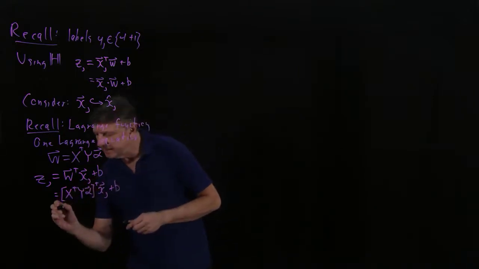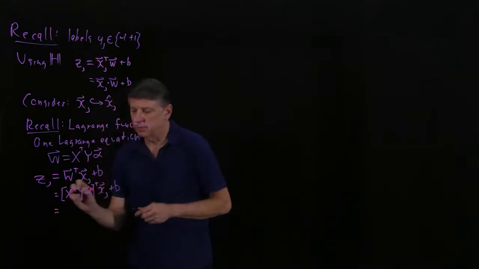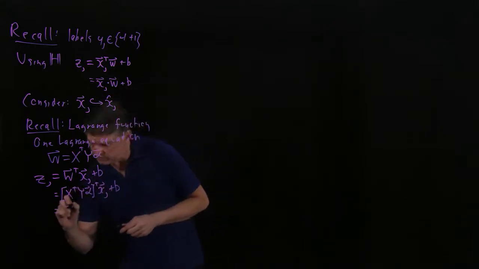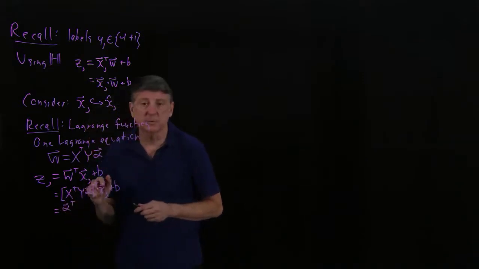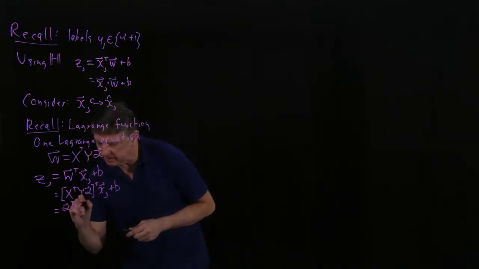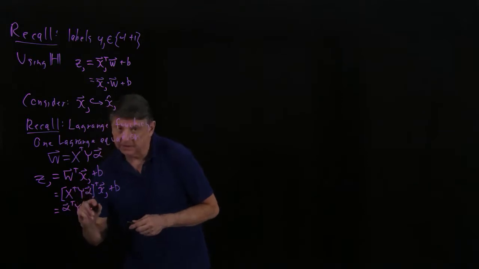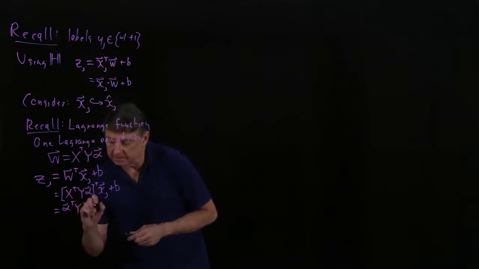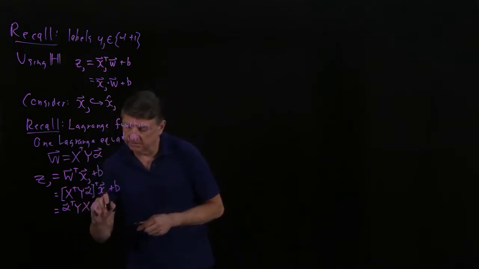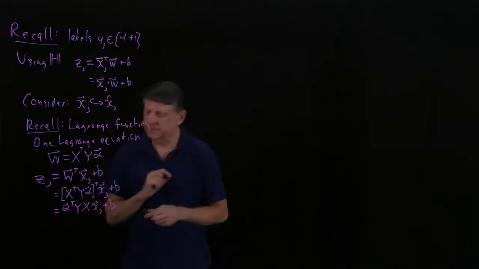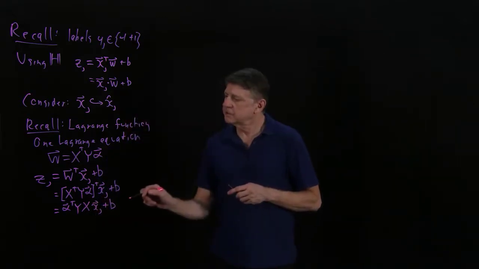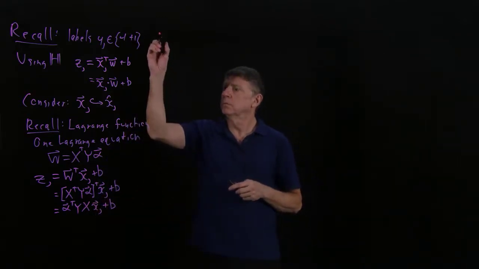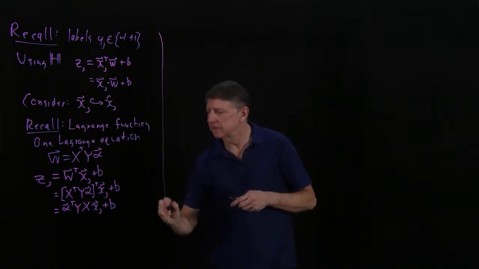Working out that transpose, this would be alpha transpose, the transpose of the Lagrange multipliers, times the label matrix, times the design matrix, times the jth data vector, plus the bias scalar. Let's explore this term in more detail.